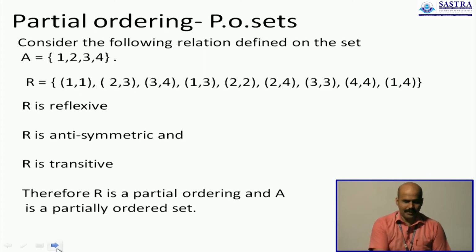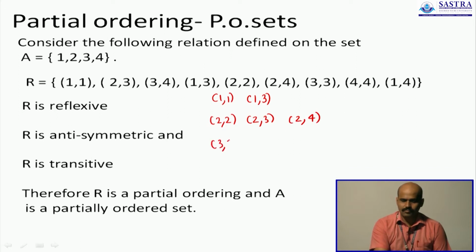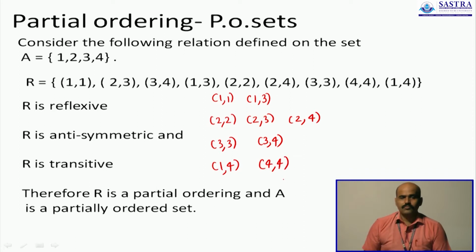Let's write down the ordered pairs. There are 9 such pairs available before us. Let's try and find out if this relation can be called a partial ordering.